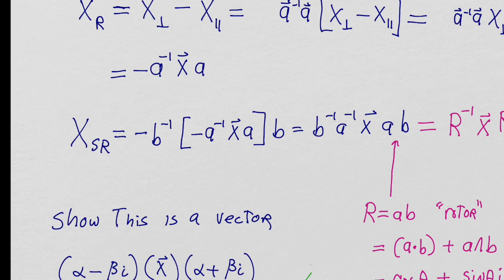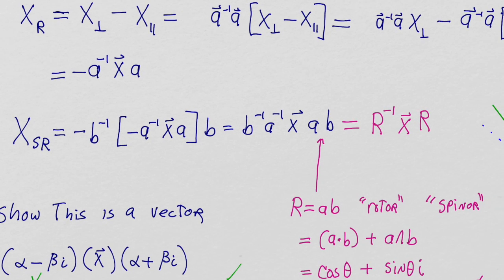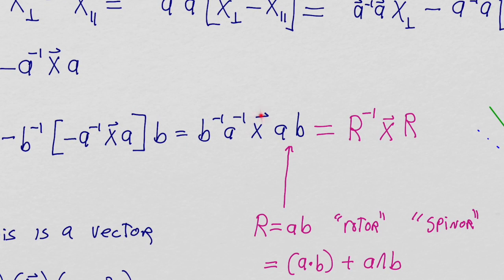So this is a composition of functions. You take the two minus signs out, and they cancel, and you're left with B inverse A inverse X A B. And this is the reflection through two hyperplanes.